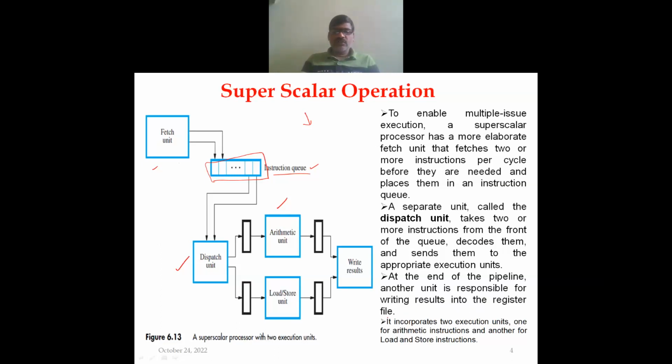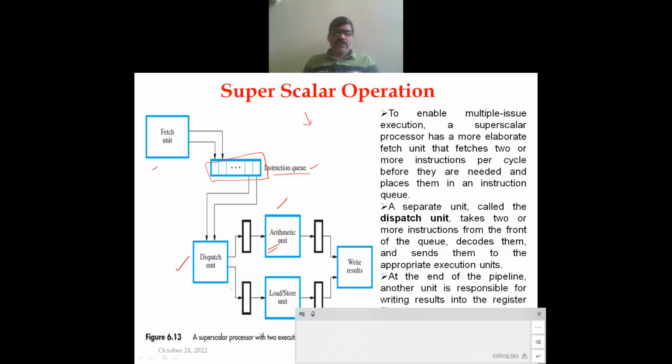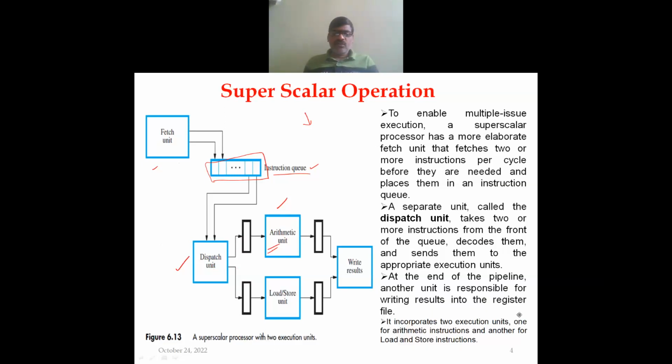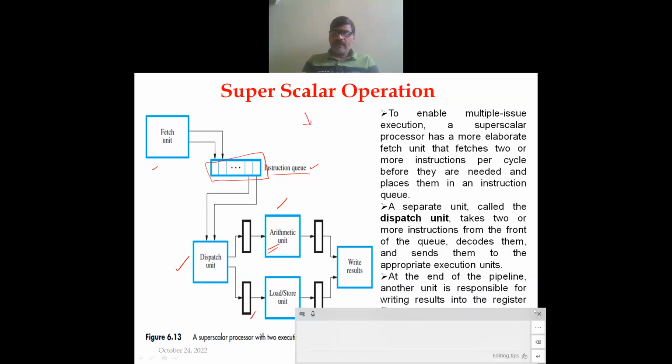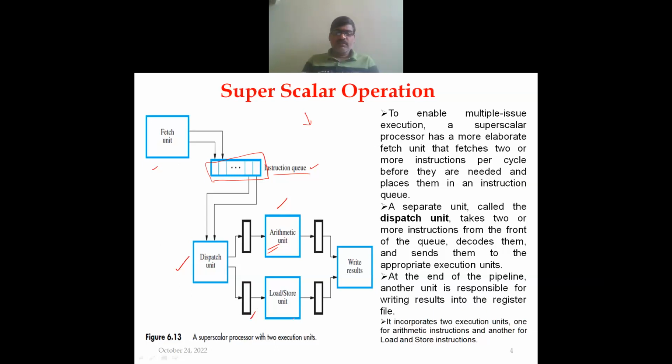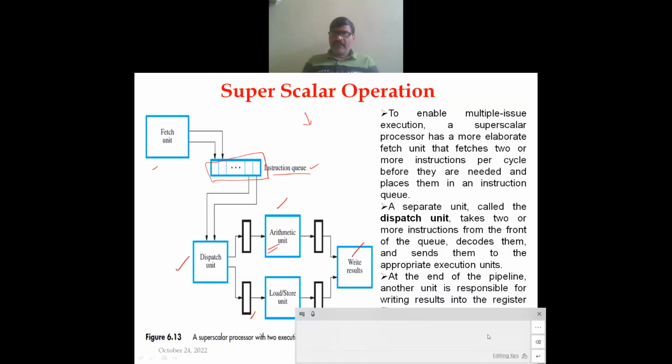So it incorporates two execution units, one for arithmetic operations, and all arithmetic instructions are forwarded to this arithmetic unit. Another important unit we have is the load or store unit, by which load and store instructions are executed. Finally, the results are combined and written by the write results unit.